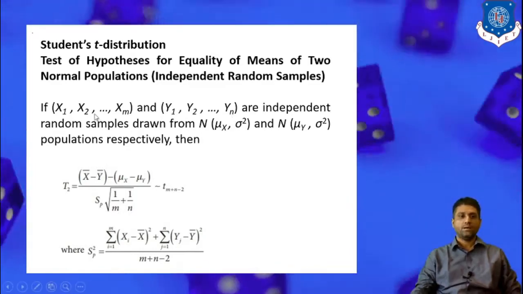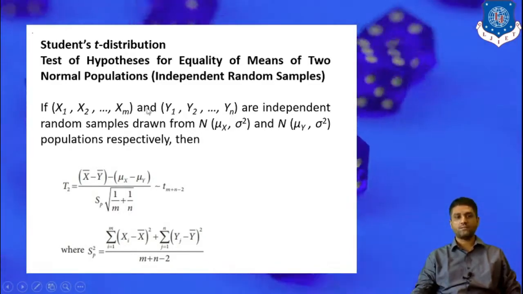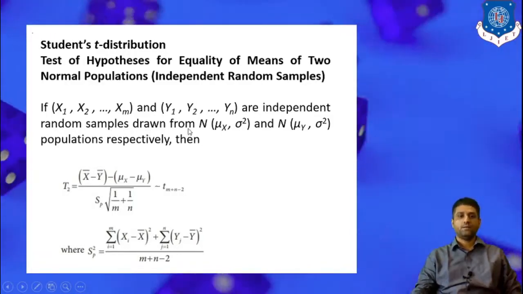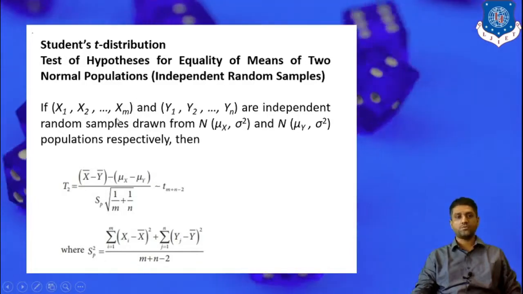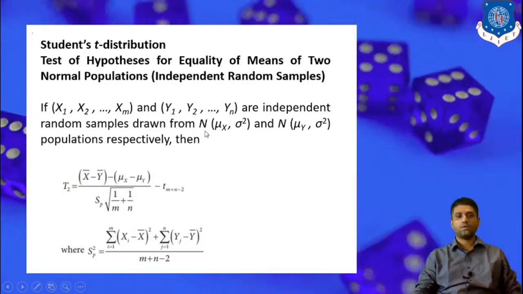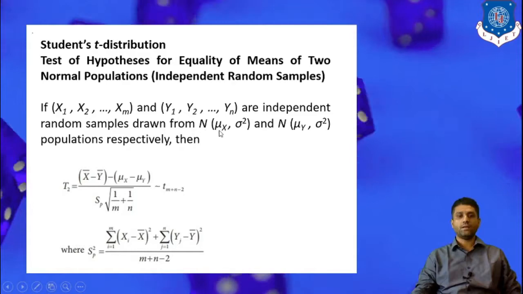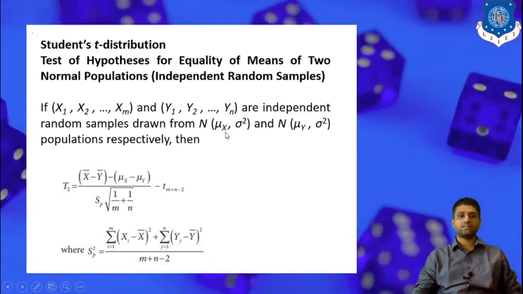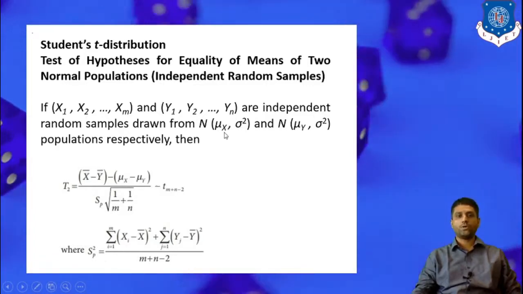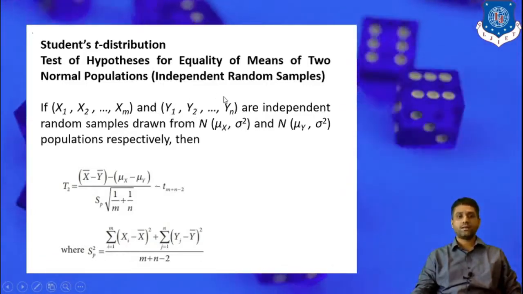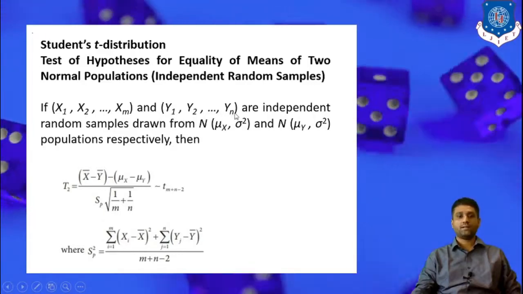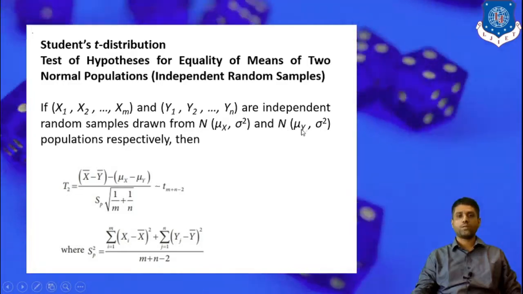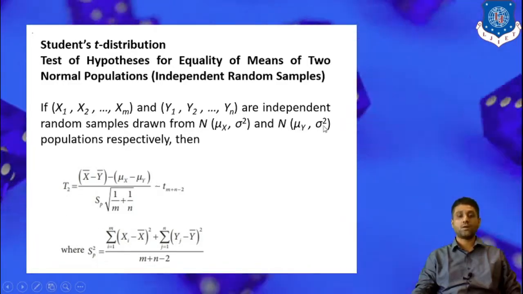Both x1 up to xm and y1 up to yn are independent random samples. The first sample is drawn from a normal distribution with mean mu and variance sigma square. The second sample is taken from the second normal population with mean mu and variance sigma square.